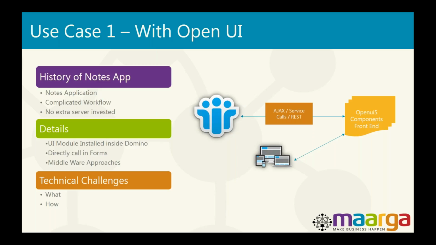From there, if one person is asking for a request, we go to the Domino databases and say, I need a leave request application or any kind of request application, and I need to get the data.